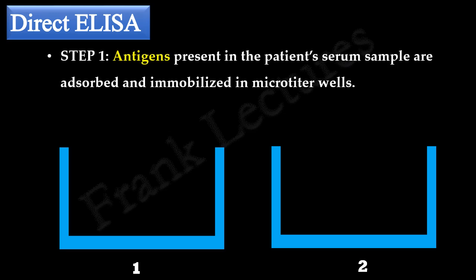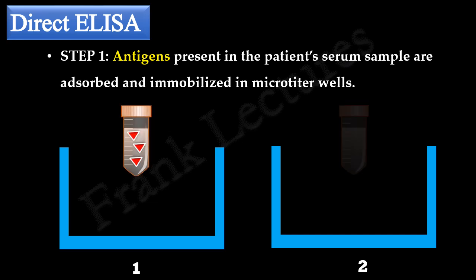We will take two microtiter wells, each corresponding to a patient's serum sample. So this is 1 and this is 2. In the first step, the antigens present in the patient's serum are adsorbed and immobilized in the microtiter well.